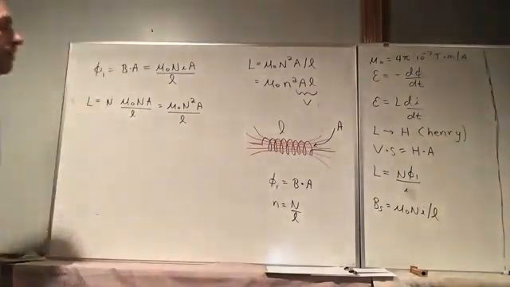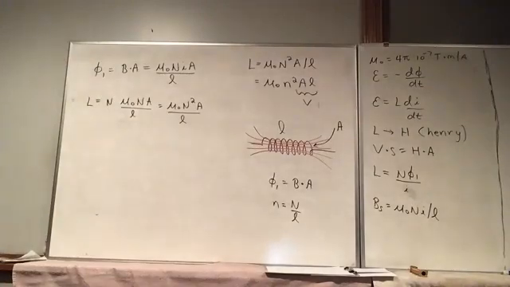Similarly for inductors. We're going to talk about that a little bit later. So we have the inductance of a solenoid. Any questions on that? Again, measured in units called henries.